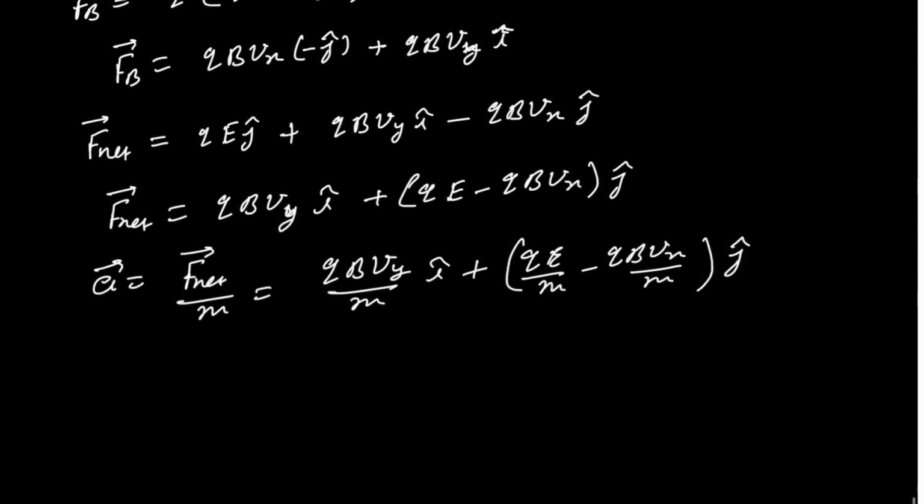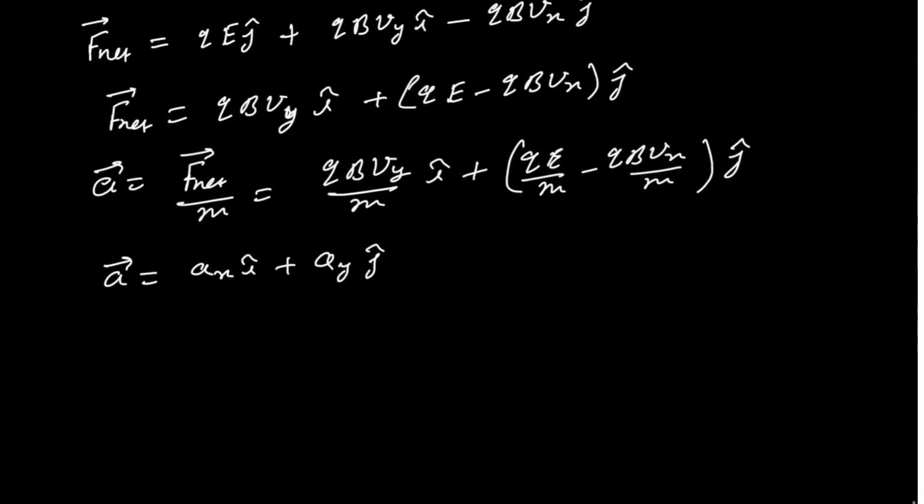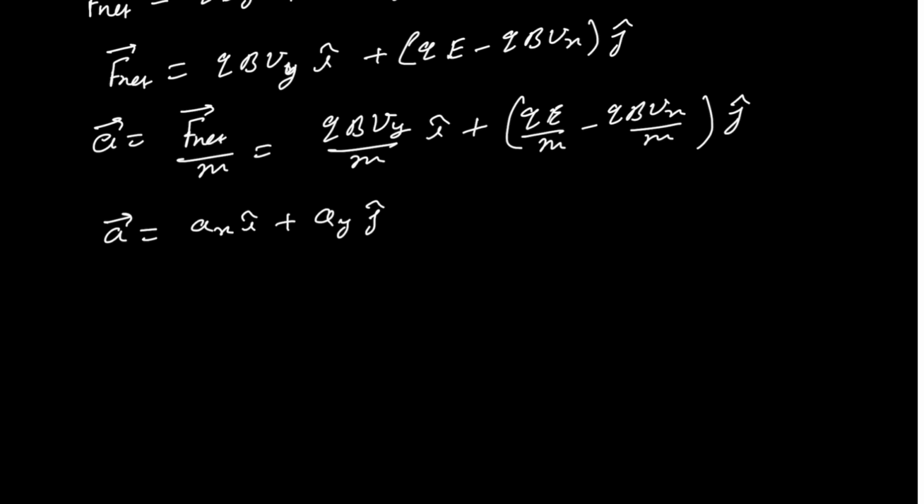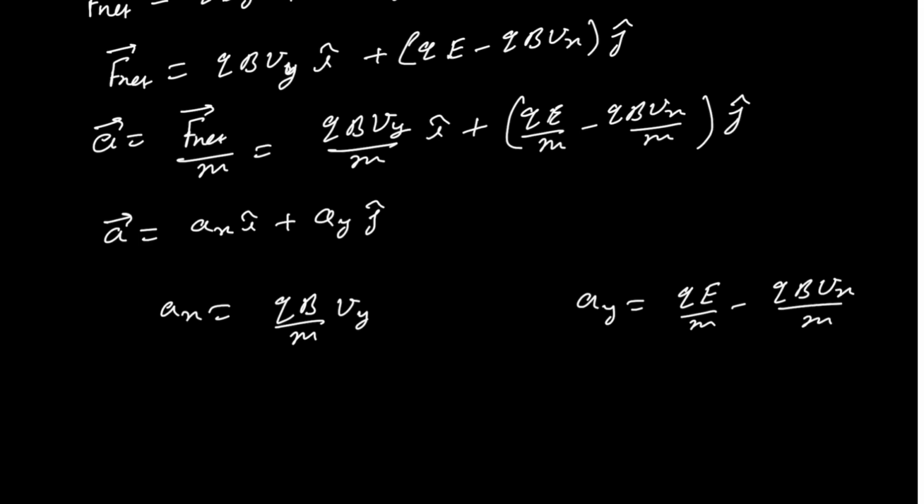Now since this acceleration can also be written as ax i cap plus ay j cap, by comparing coefficients of i cap and j cap we can see that ax is basically qB by m times Vy, and ay is qE by m minus qB Vx by m.